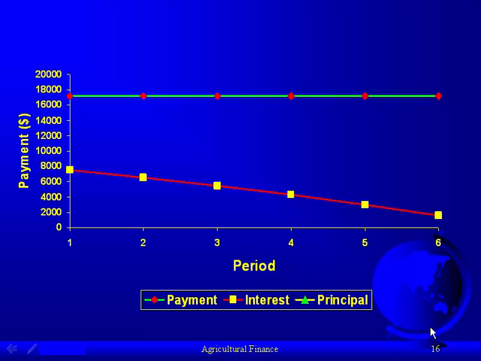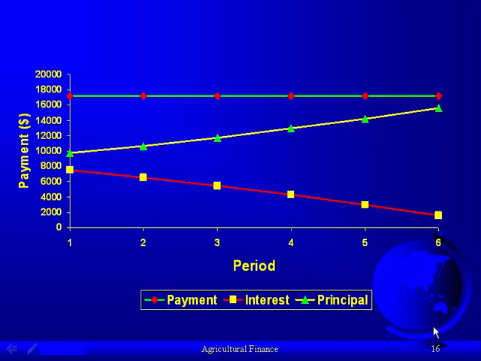And although it's hard to see on a 6-year loan, if you see it, there's a curvature. You pay it off quicker at the beginning. At the end, the interest payments decline faster as you pay off the loan. Okay, in terms of the principal, notice that the principal that you pay goes up. Why? It's because your total payment is constant, and if your interest payment goes down, there's more for you to pay off your principal.